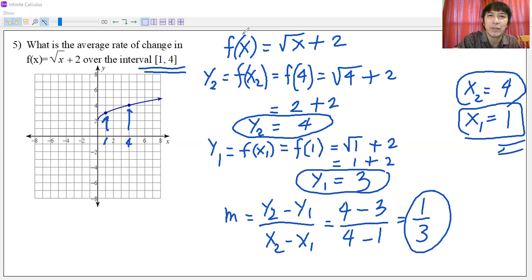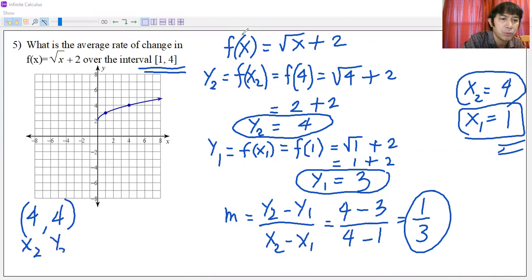Now looking at the graph, let me remove my writing there. If you read the 2 points in the graph, you can see the higher point is 4, 4, and this is x2, y2.